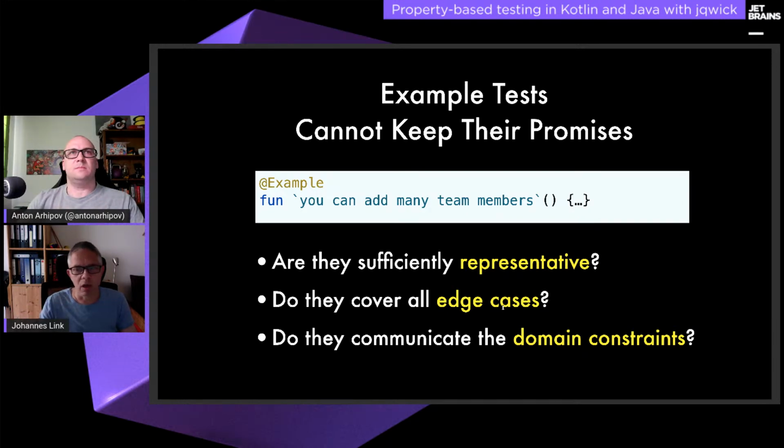What's happening if you're adding 1,000 members, for example, or does it cover all the edge cases, like is any project name possible? Do project names have any prerequisites? So you see there are edge cases, there are problematic cases, or domain constraints that are usually everywhere. They are not really covered by the test case, and it does not even communicate those domain constraints.